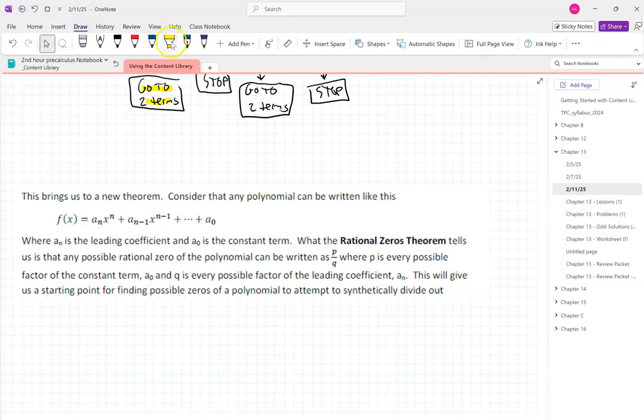So say we have some polynomial of this form. The rational zeros theorem says that every possible zero for this polynomial is going to be of the form p divided by q, where p is a factor of the constant term, and q is a factor of the leading coefficient.